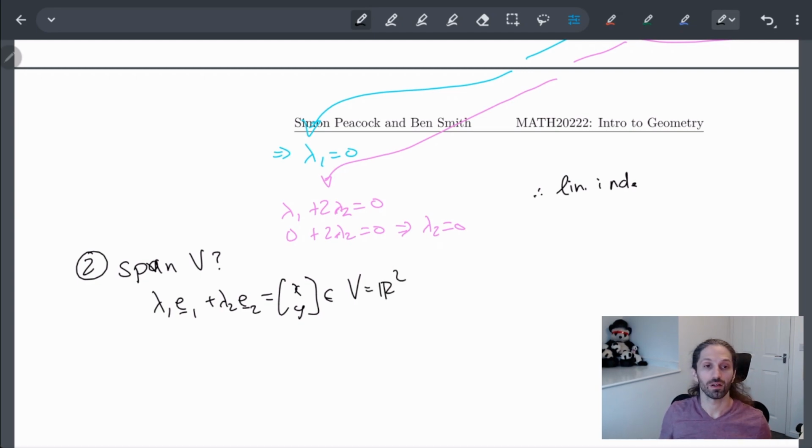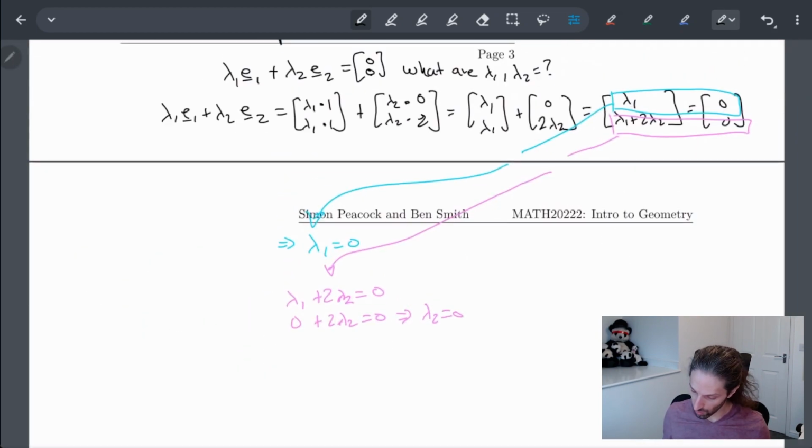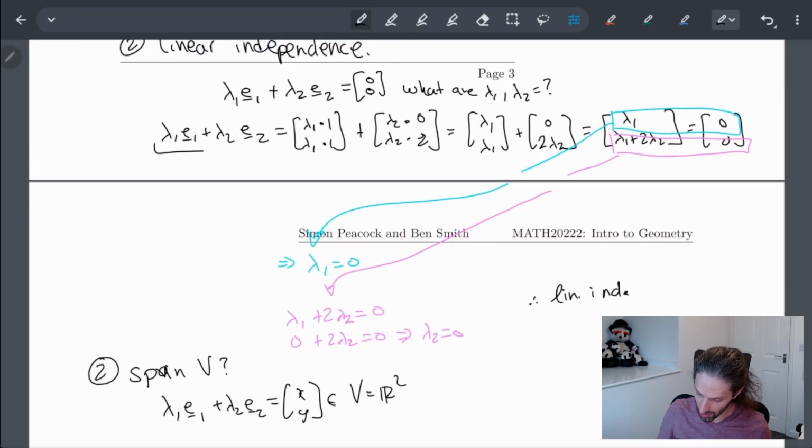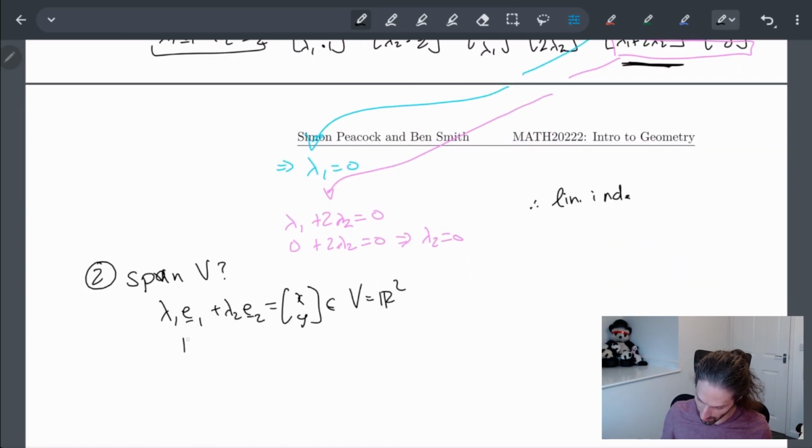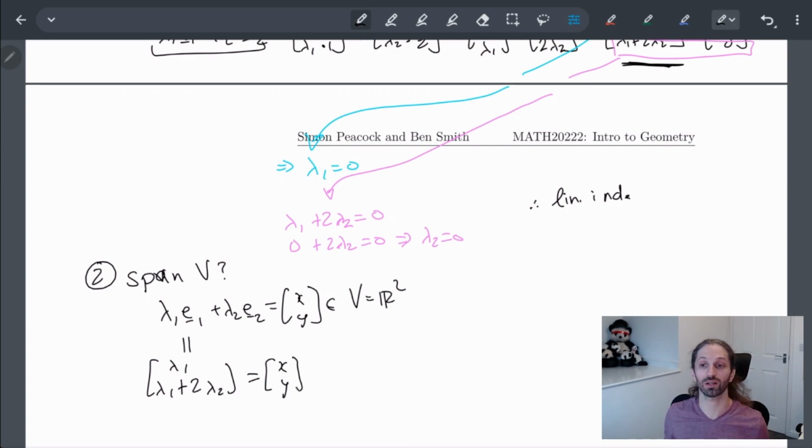So how do we show this? We do the same thing that we did in the previous case. We start off with our definition. Here we have the same thing on the right-hand side: lambda 1 plus 2 lambda 2, and we want this equal to (x, y). So what are lambda 1 and lambda 2?